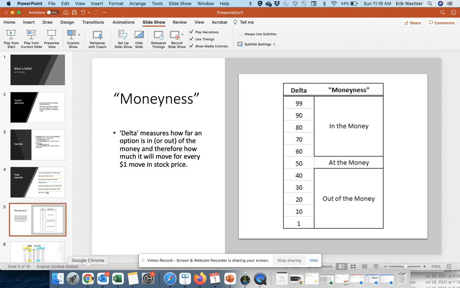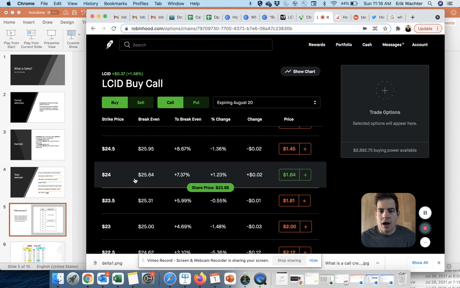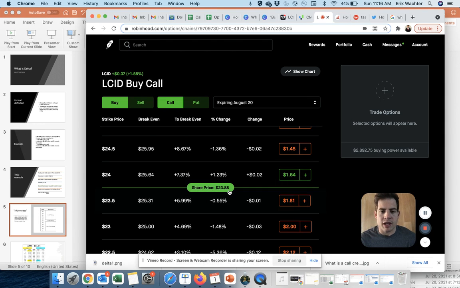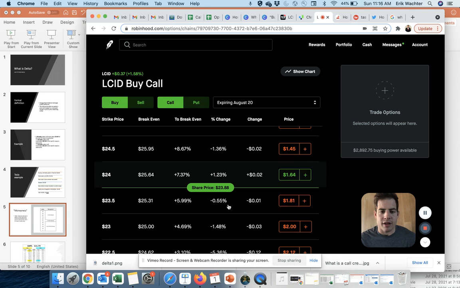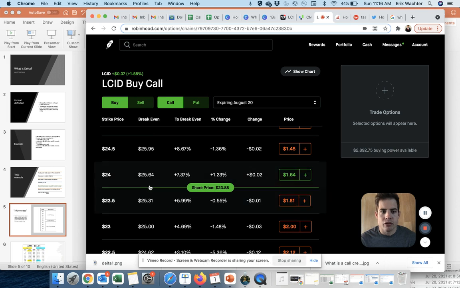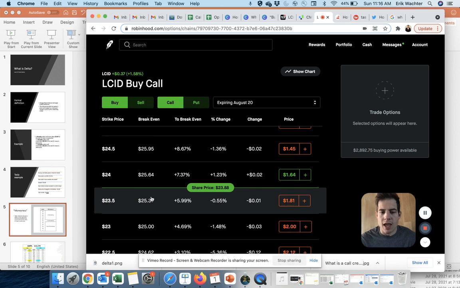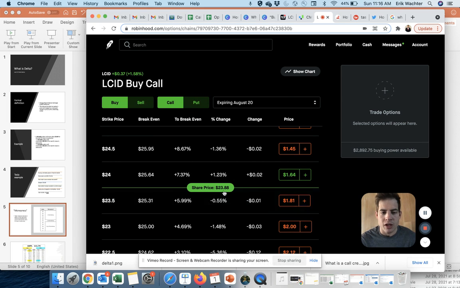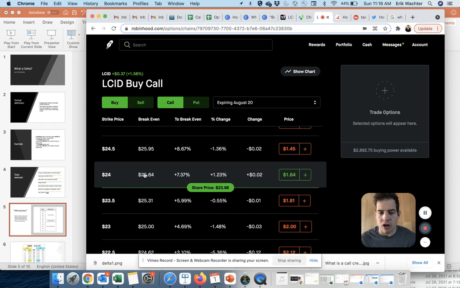If we go over to Lucid, I have call options selected. Lucid is almost $24, but right now it's at $23.88. It's in between the 24 strike and the 23.5 strike, and technically closer to the 24 strike.